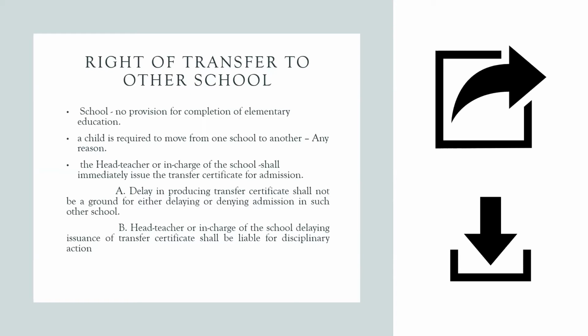And when the child went back to school, the headmaster said, sorry, you've lost 3 years and you cannot get back to school, which is not acceptable as far as the RTE Act is concerned. So why am I giving you this example? Because the child has a right to continue education and complete elementary education despite the number of years lost, despite the age being more than 14. So please know that the child cannot be denied the right to be educated.